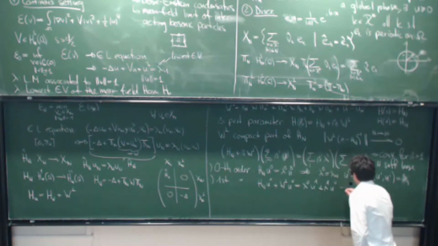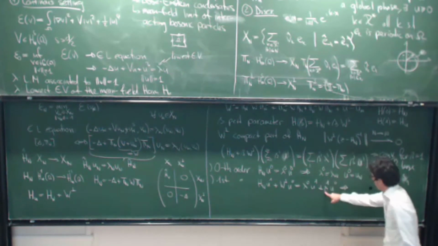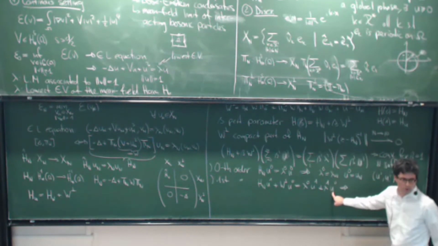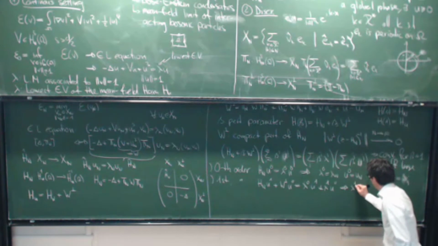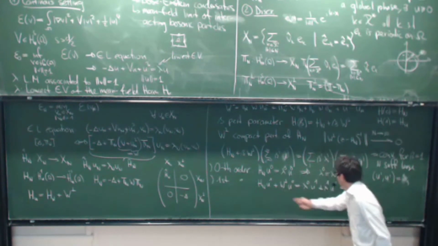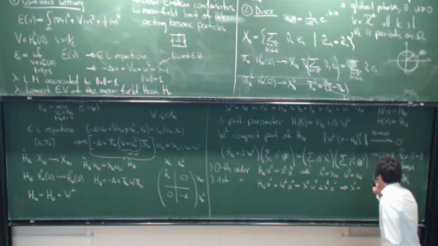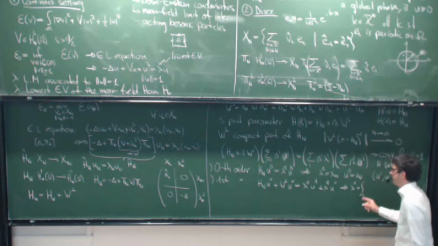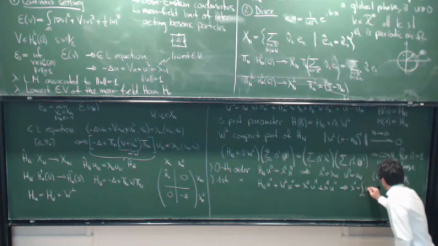So you can directly deduce that lambda 1, this is of norm 1, so lambda 1 is equal to this term here. You multiply by u0, so you have un Wperp un.